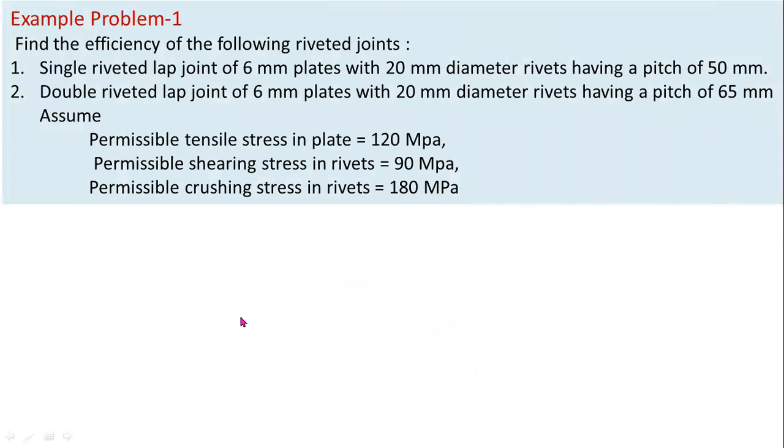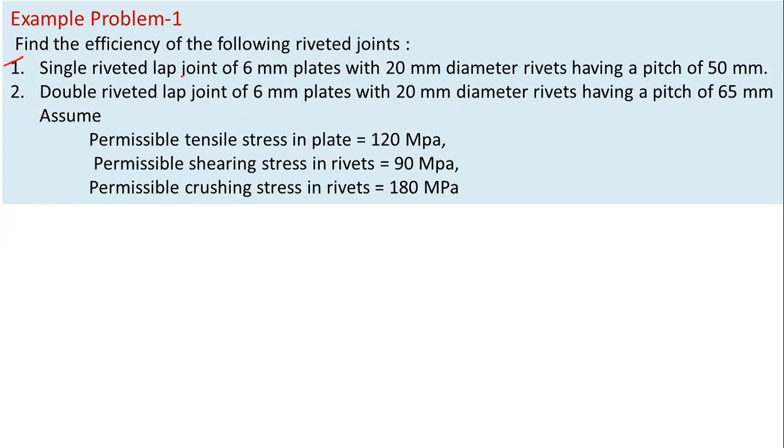Now coming to the example problems. Find the efficiency of the following riveted joints. A single riveted lap joint of 6 mm plates. Here two problems are there.